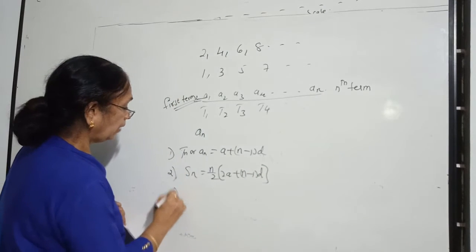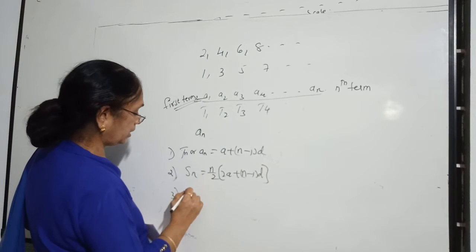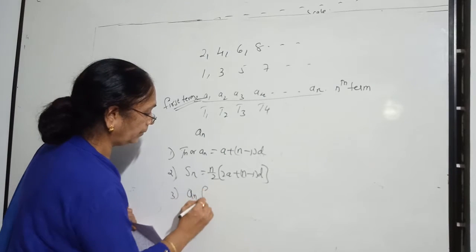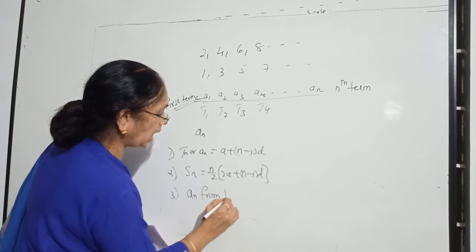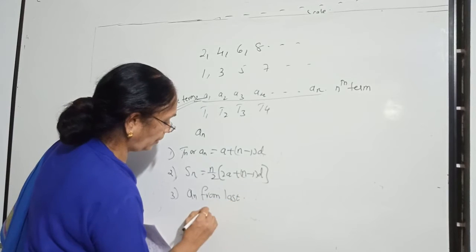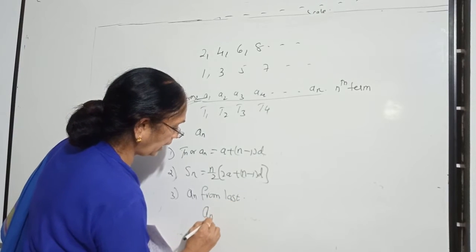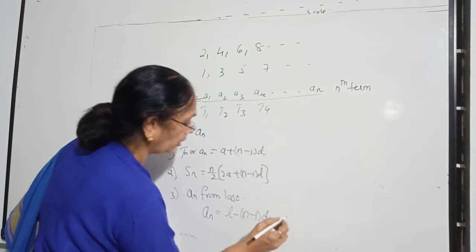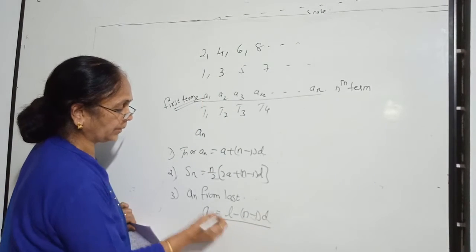Now suppose they ask you the nth term from last. So an is equal to L minus n minus 1 into d. Note this down very clearly.